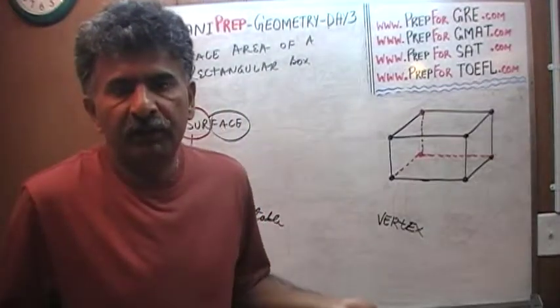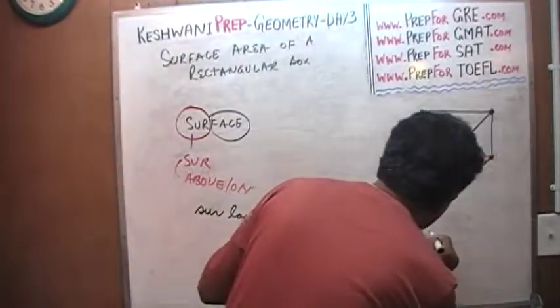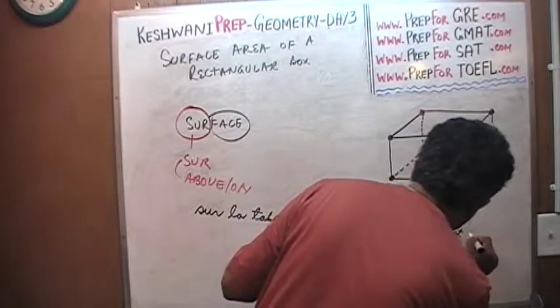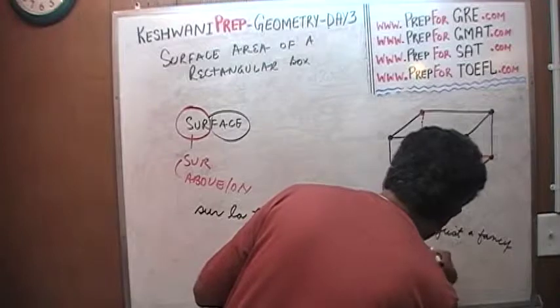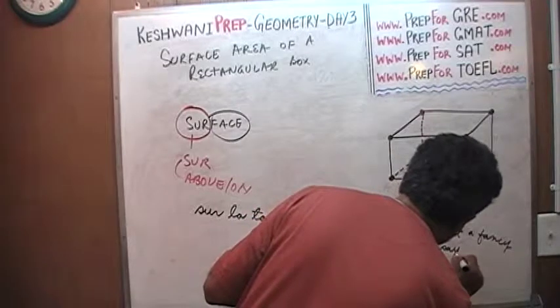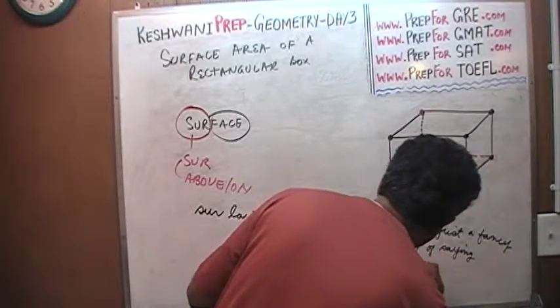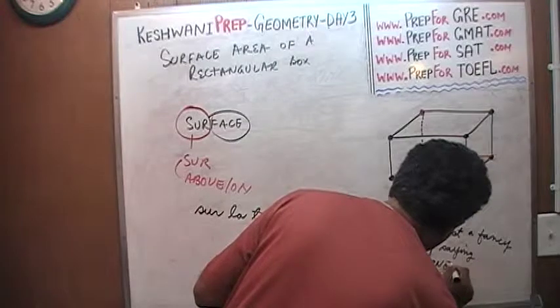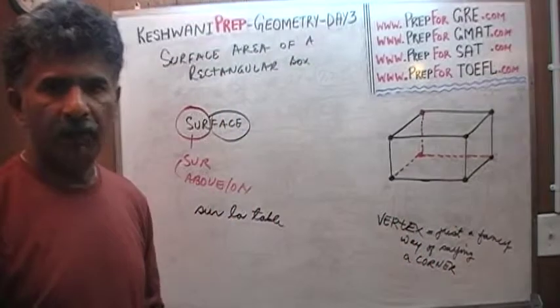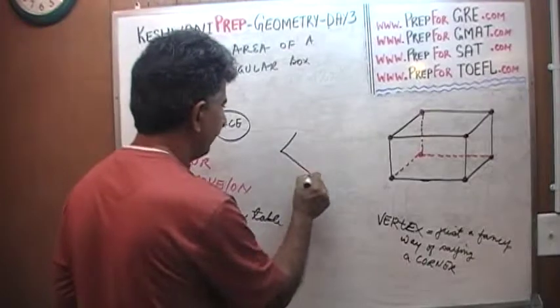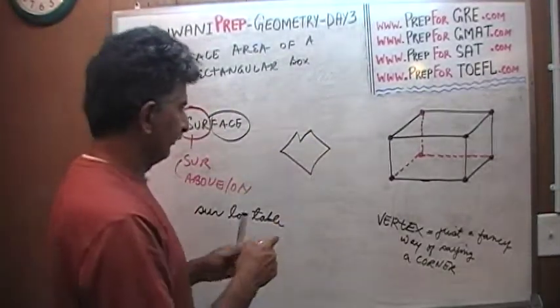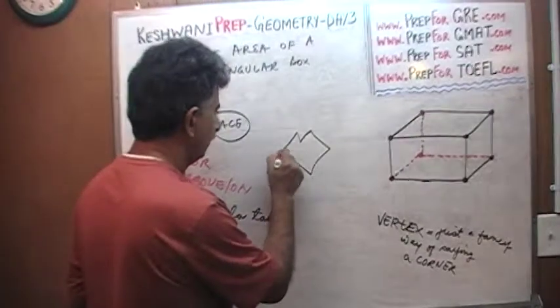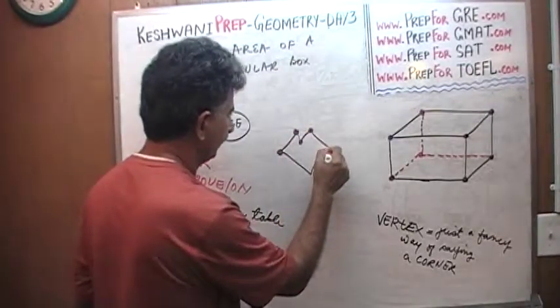Vertex is just a fancy way of saying a corner. So in geometry, when you have a picture, here's a picture here. Each one of them is called a vertex. All of these corners, these are all vertex.